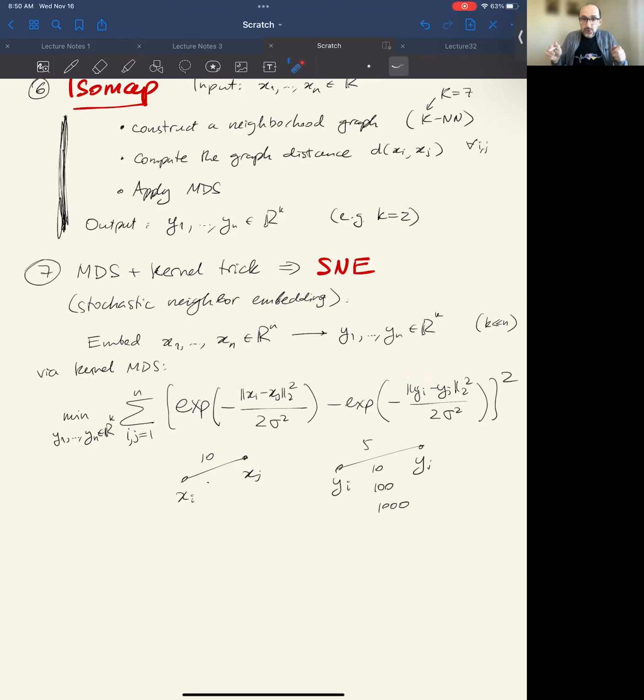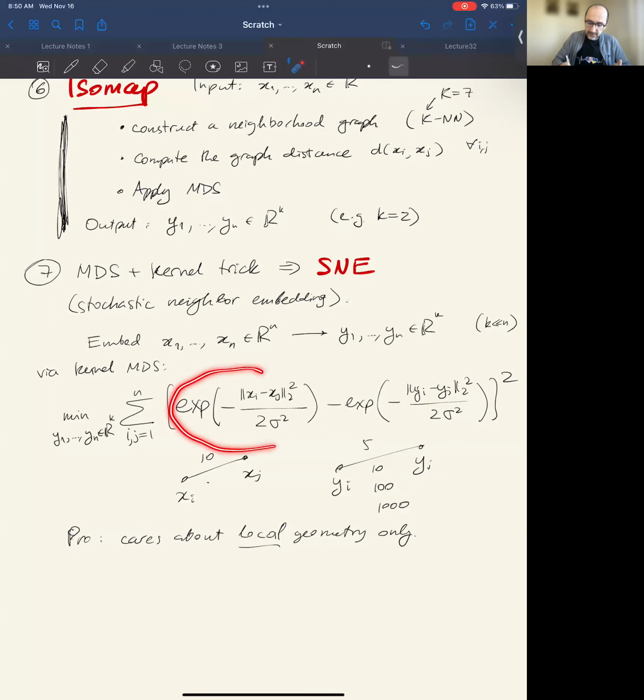So this method doesn't care about global geometry. As soon as xi and xj are far, it doesn't really matter where they are exactly, right? This only cares about local geometry. So the advantage, the pro, is this method cares about the local geometry only, just like the neighborhood graph.